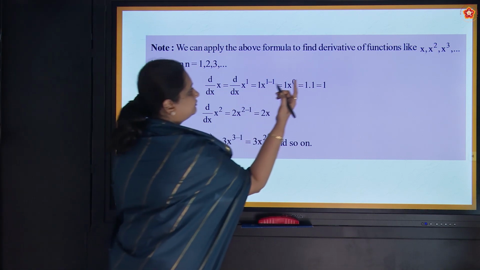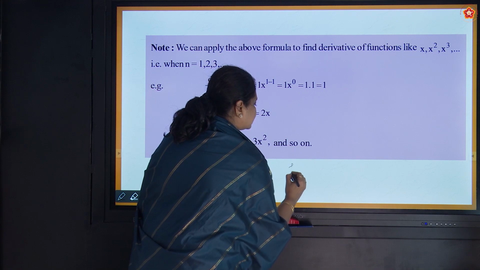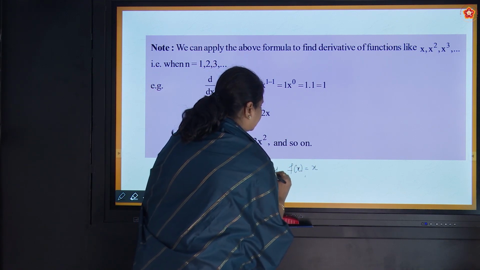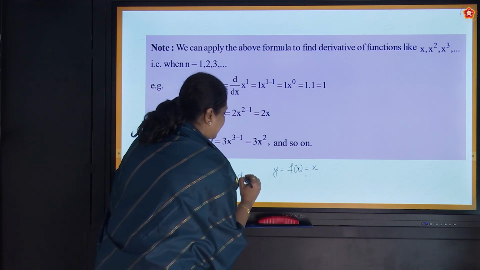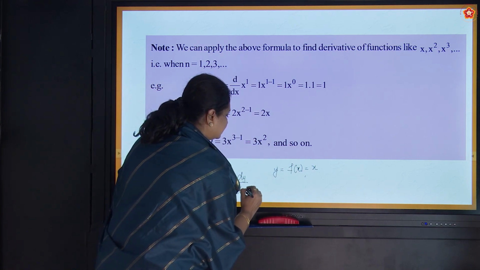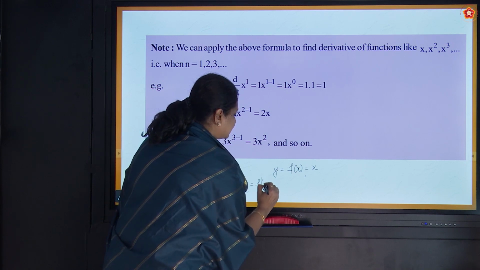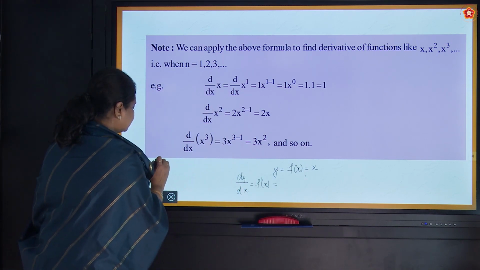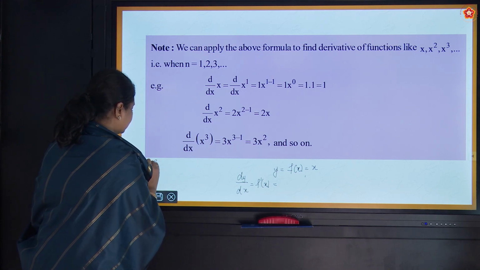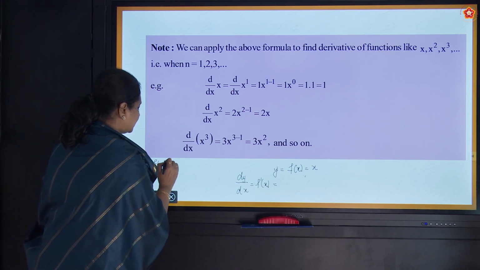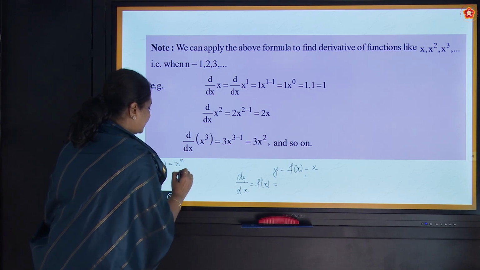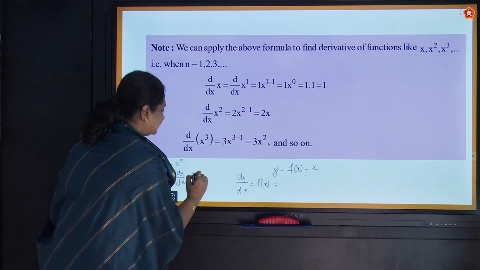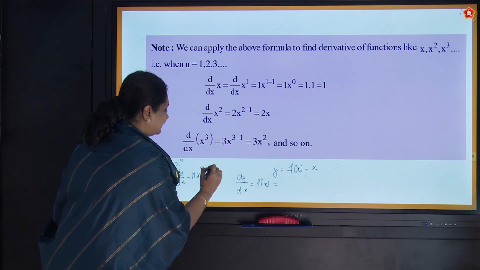So let's take the first function, x. So f of x is equal to x. Our dy by dx is equal to f dash of x. I know the general formula that says if y is equal to f of x is equal to x power n, our dy by dx is n x to the power n minus 1.